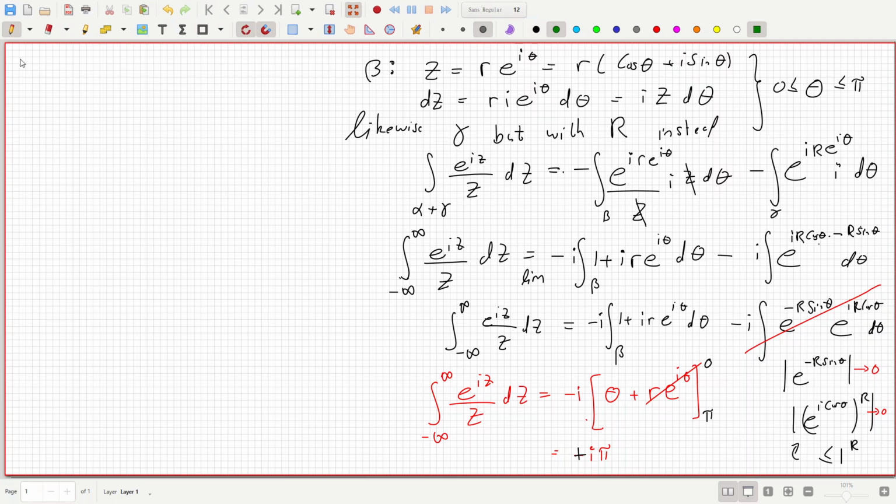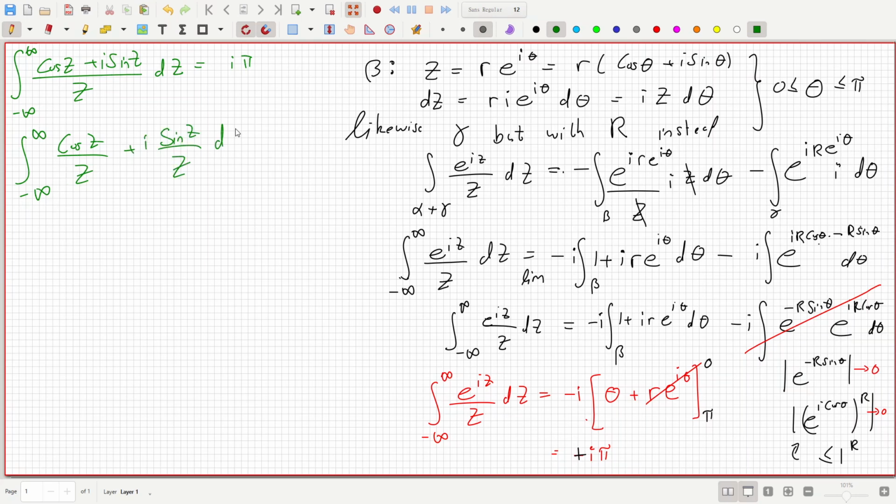So now we have the integral of minus infinity to infinity cos z plus i sine z over z dz. That's equal to i pi. So that's minus infinity to infinity cos z over z plus i sine z over z dz. That's equal to i pi.